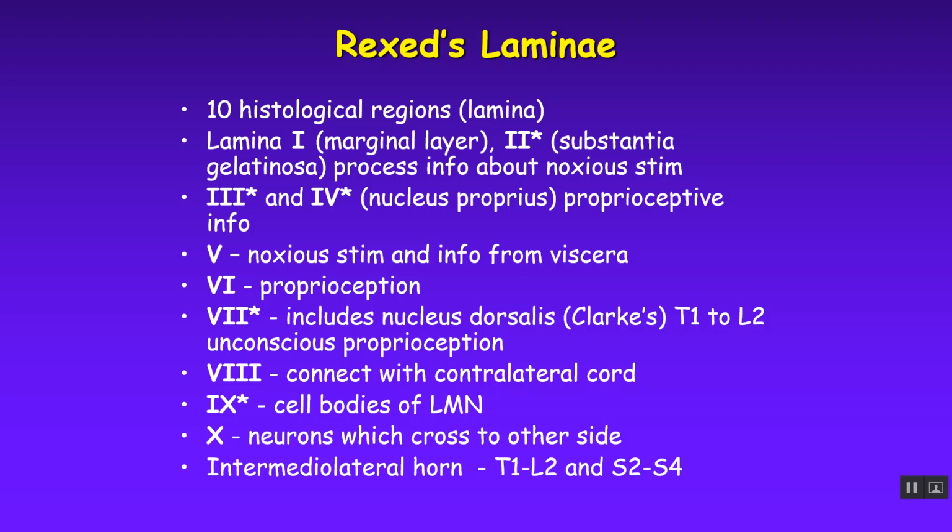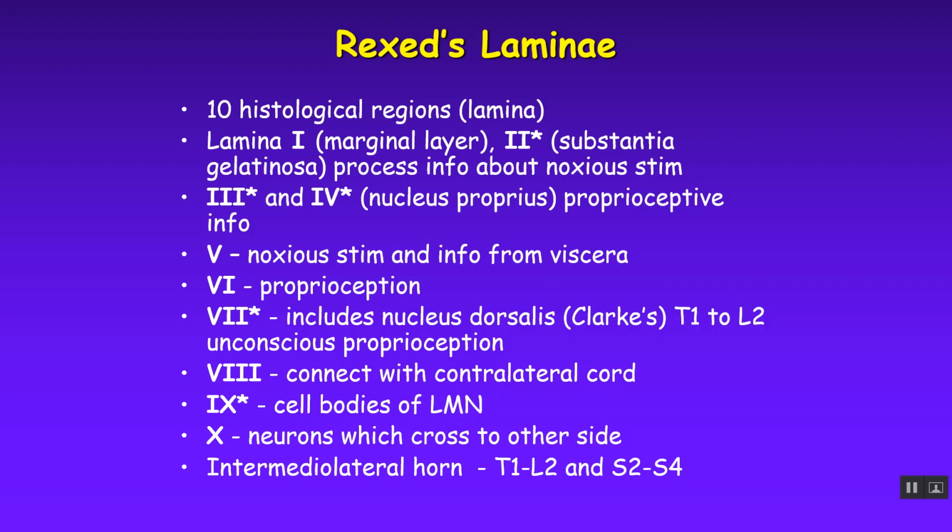So the Rexed laminae, those laminar layers in the gray matter of the spinal cord that we've mentioned a few times, are 10 histologically distinct regions. The cells are a little different in each of these regions, and that's how they define them. I've starred the ones you need to pay most attention to.